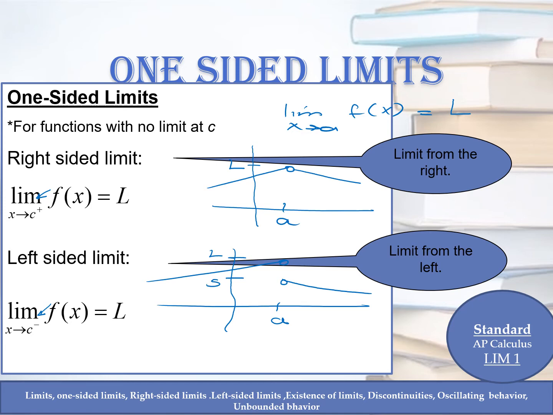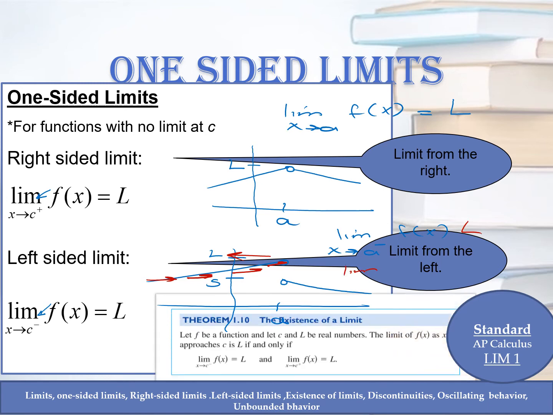So limit x approaches A from the left side, what is it equal to? From the left side, you read this line. This is equal to L. Now limit x approaches A from the right side, what is it equal to?